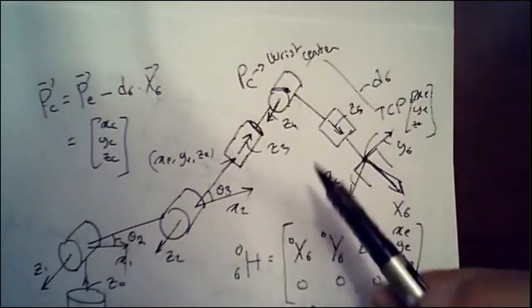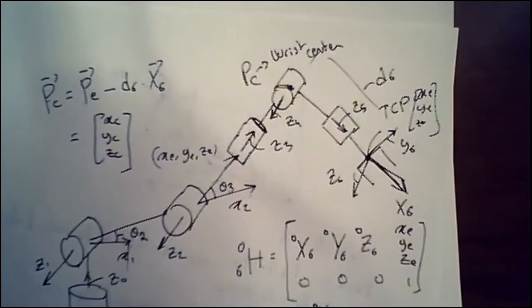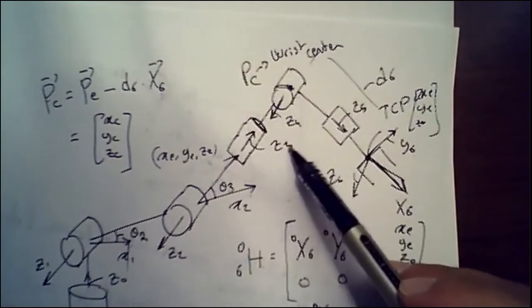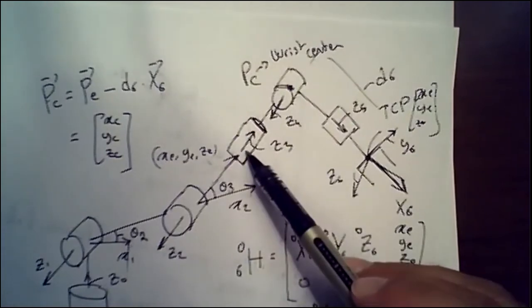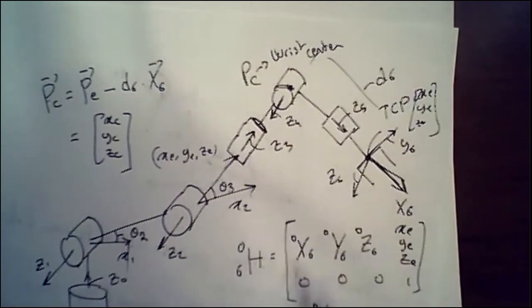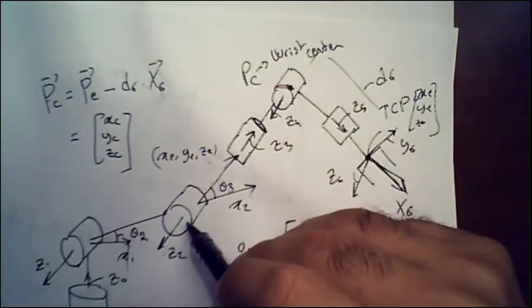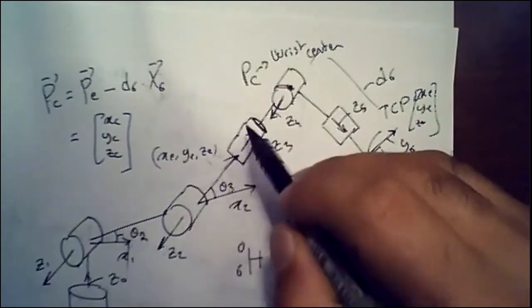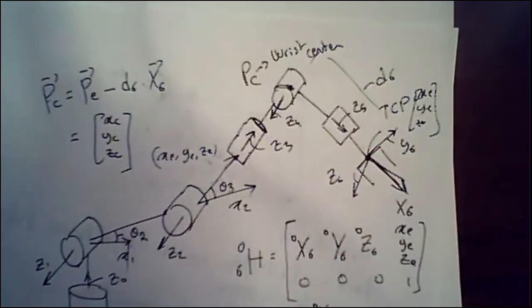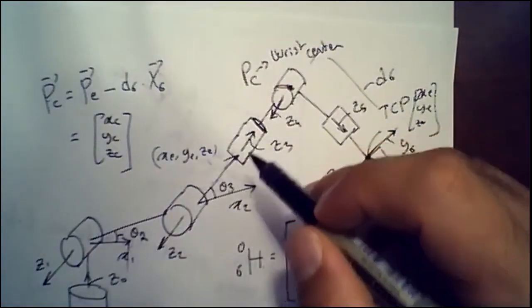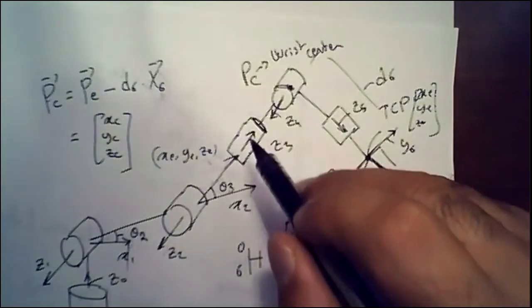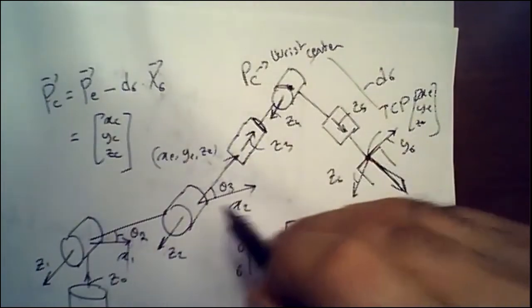Next step is we need to place the x-axis. We know X3 has to be perpendicular to Z3 and also Z2, and it actually has to intersect Z2. So where should I put X3? It has to be perpendicular to Z3, and it also has to cross this one.